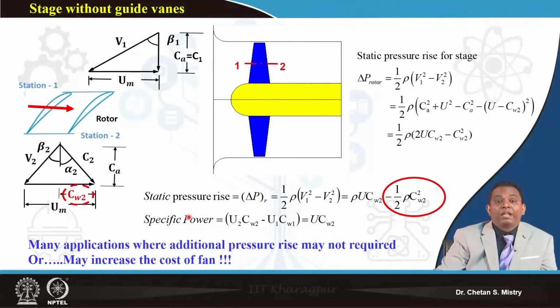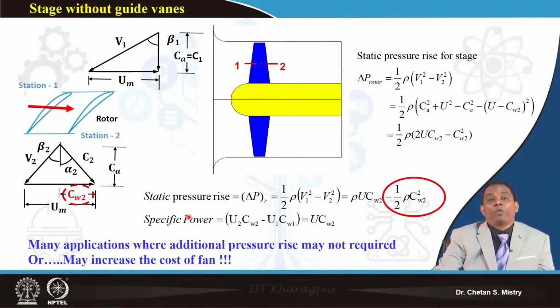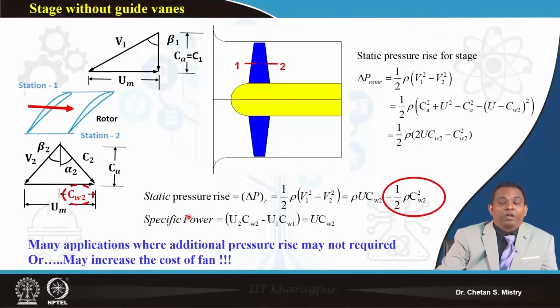So, there are many industrial applications where additional pressure rise may not be required. Okay, you are not looking for pressure rise, and it may increase the cost of your fan. Now, just look at, suppose you have an exhaust fan.